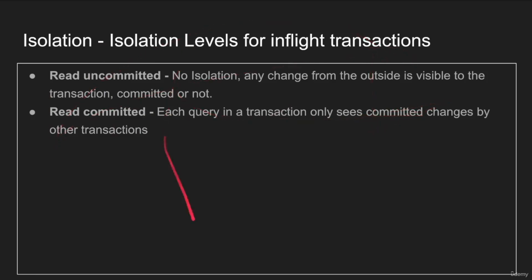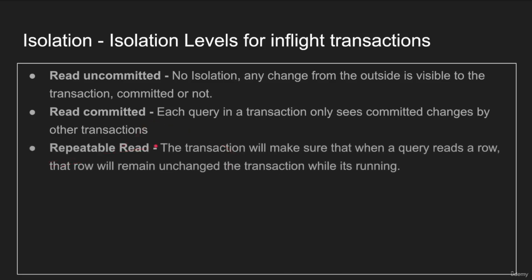Once it's committed, while I'm still running my transaction, I'll be able to see that change. You might not be happy with that. You say, hey, this could get inconsistent, but just understand that this exists. And I believe this is the default isolation level for many databases. Just understand that if you have a long-running transaction, anything that has been committed will be picked up by the transaction. This could be bad.